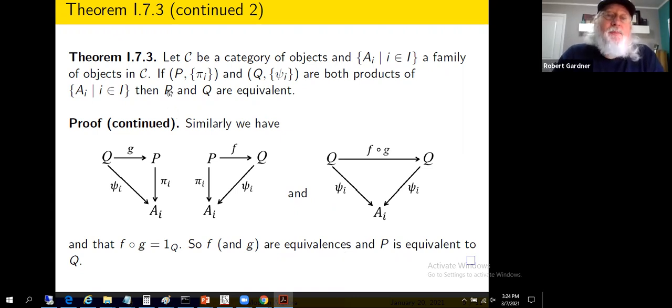So product P, product Q, these are equivalent, and we don't have to worry about these things I've been calling projections. We don't have to worry about these pi sub i's and psi sub i's. It's independent of a choice of those when defining a category. Well, independent up to equivalence, which is the existence of a certain kind of mapping.